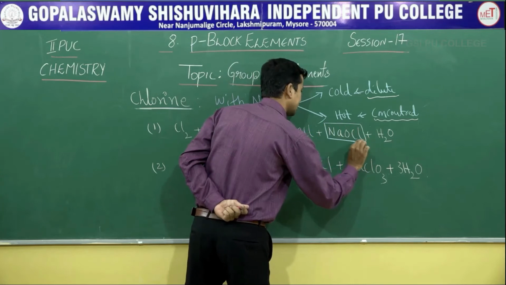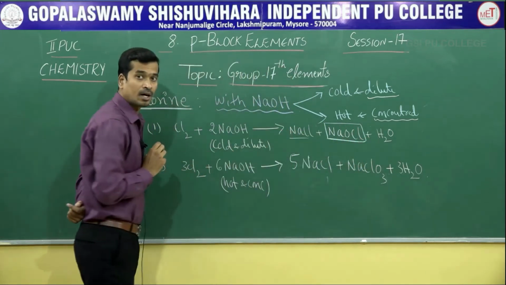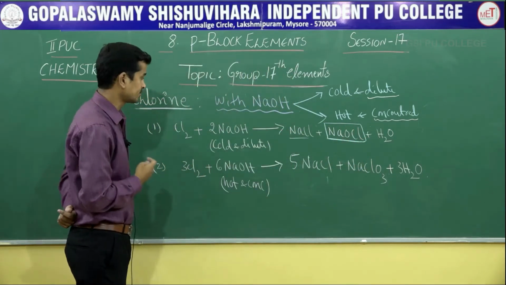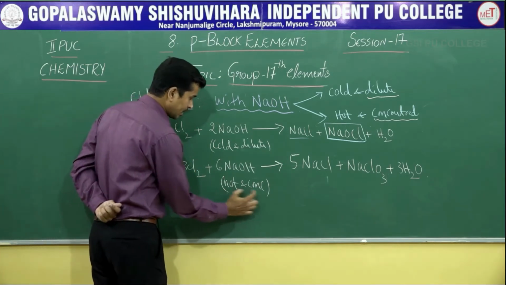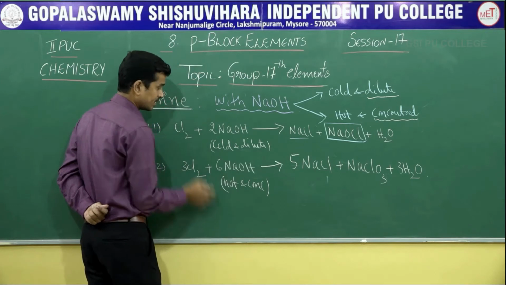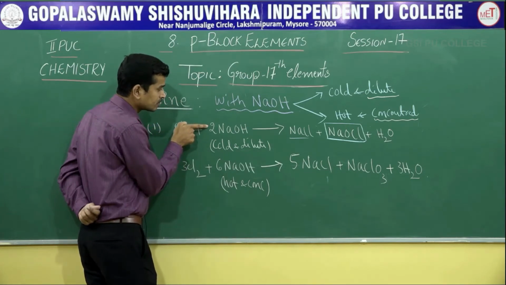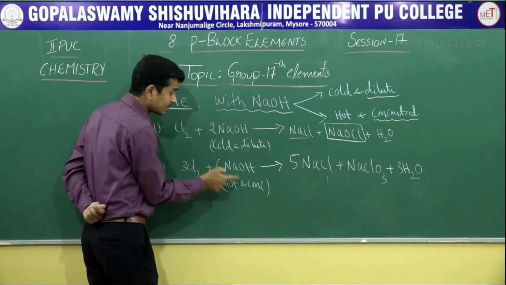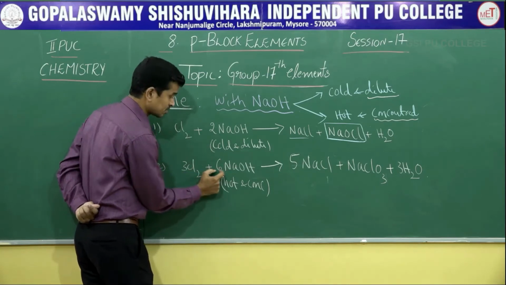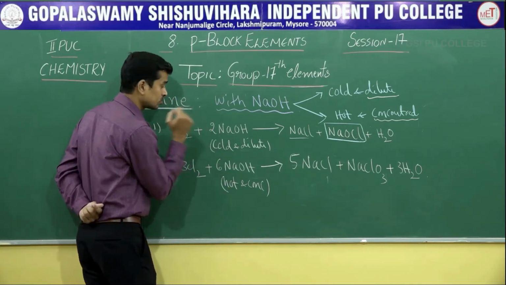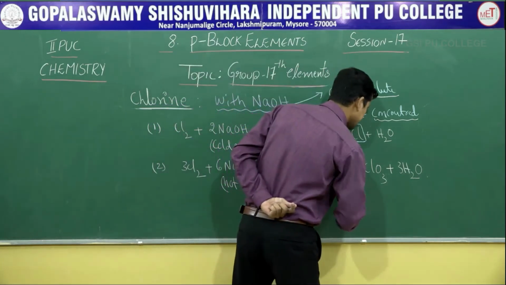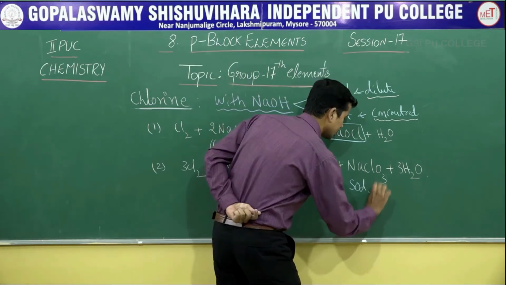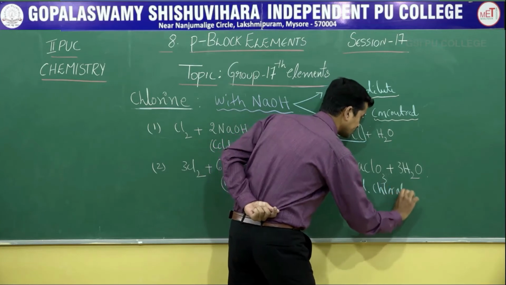But with hot and concentrated NaOH, what do you get? Look, in dilute the number of moles is 2. Concentrated means the number of moles is higher, 6 moles of NaOH, to give NaClO3, sodium chlorate.